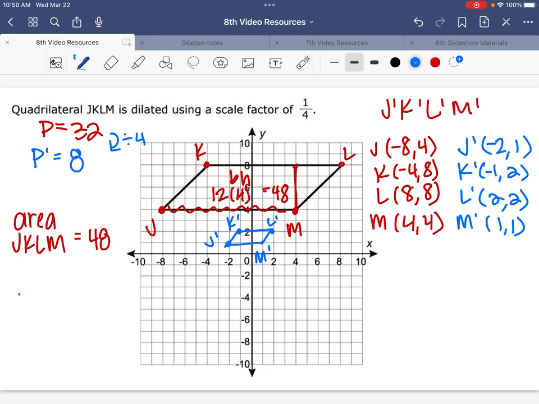Well, to find the area of J prime, K prime, L prime, M prime, I can use the same formula. I know it's base times height, but now my base is only 3 units. And my height is only 1. So 3 times 1, and I get an area of 3.